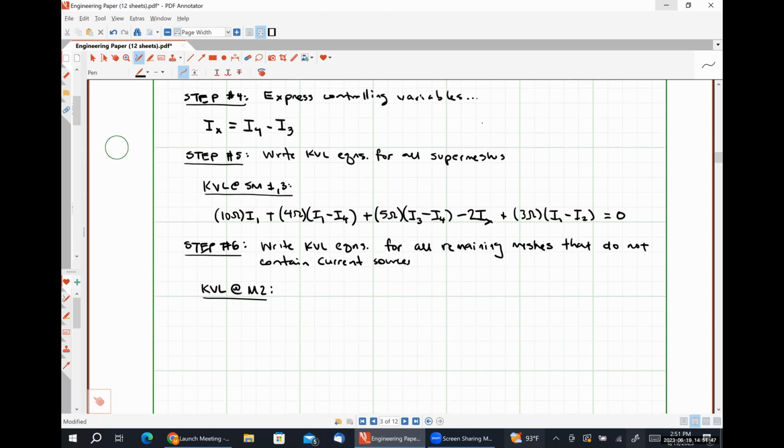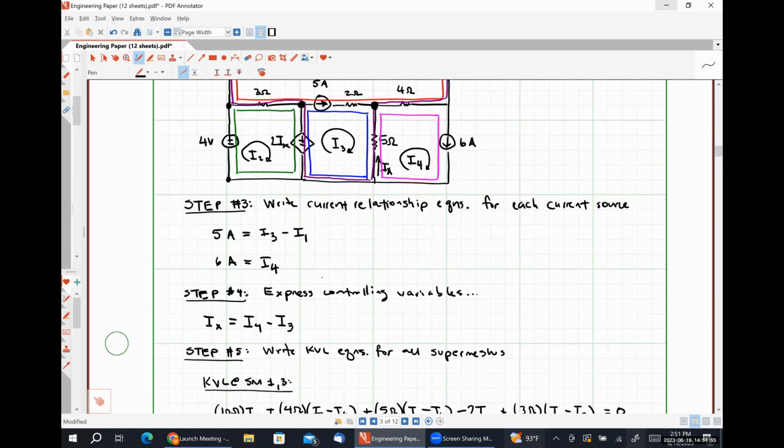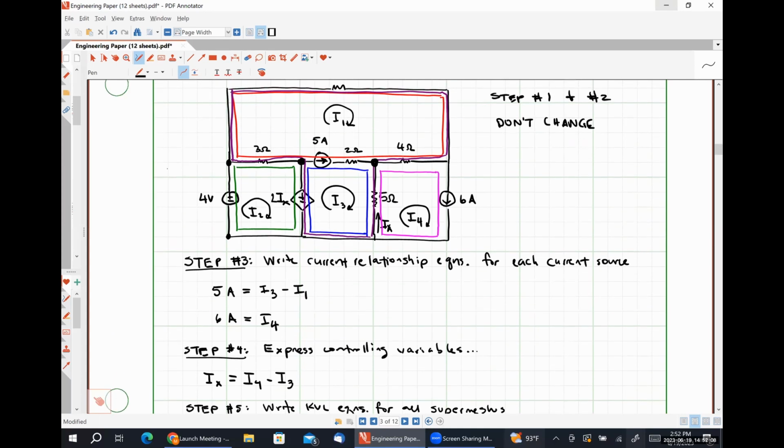Then what comes next? Would it be the 3 ohms? Yeah, 3 ohms times I2 minus I1. There you go. 3 ohms times I2 minus I1.